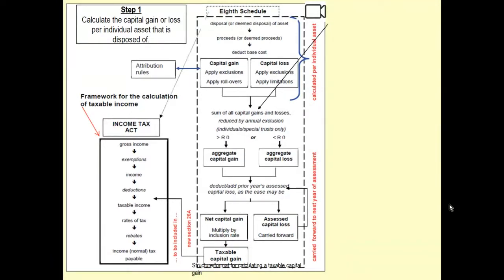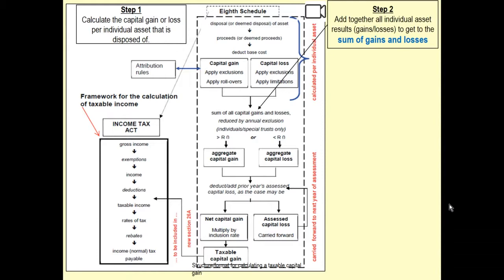You might have to set it off against another amount. But for now, the only thing you have to know is that for each individual asset, as they are disposed of, we are going to calculate a capital gain or loss.